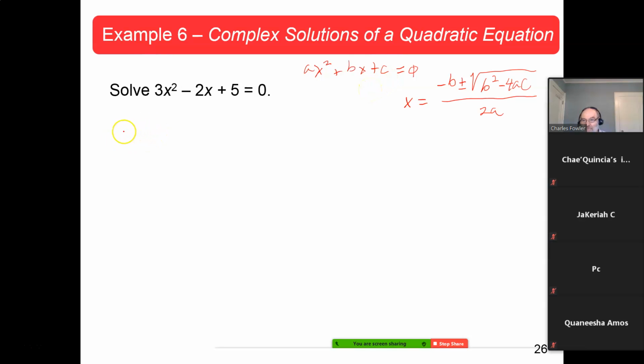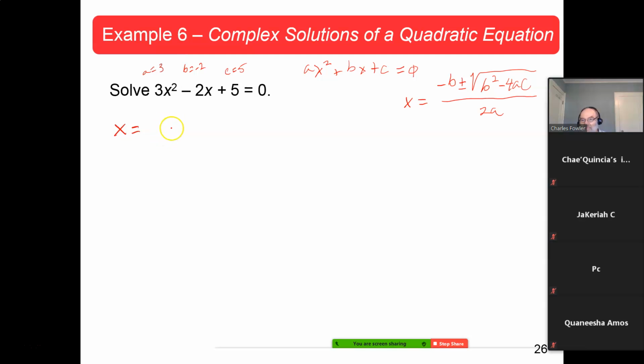So, how would we do that here? x is equal to, here's your a is 3. If it helps you to write it down, write it down. b is minus 2, and c is 5. Okay?